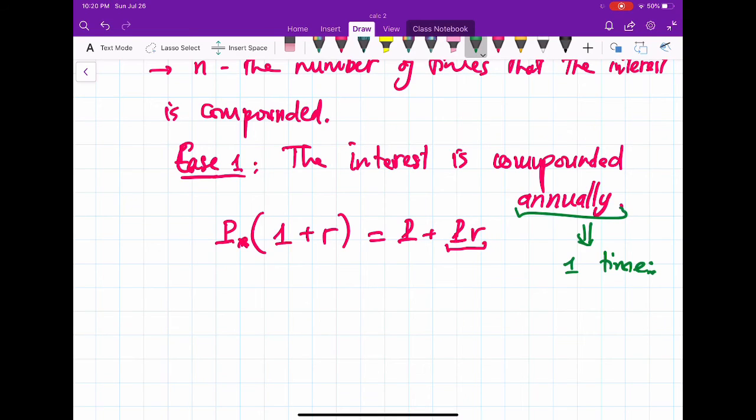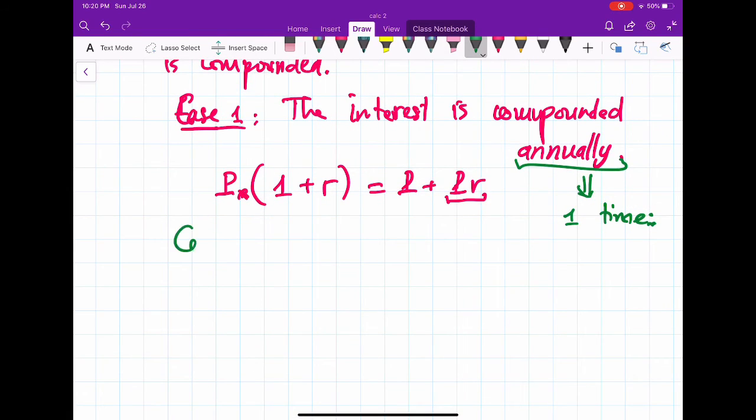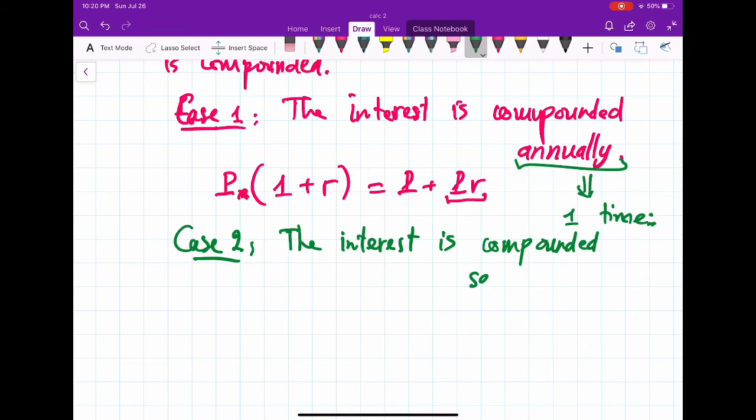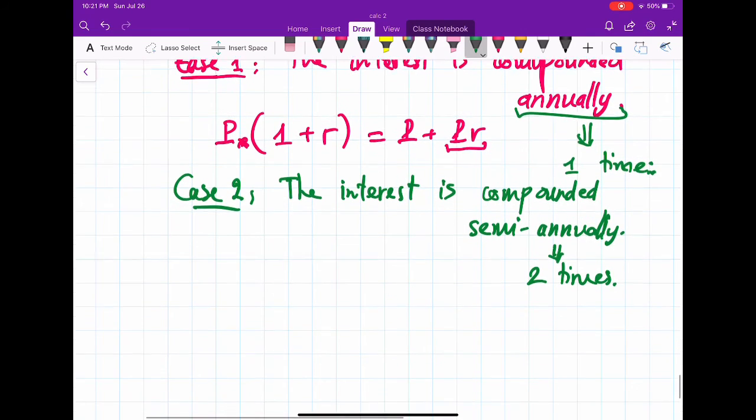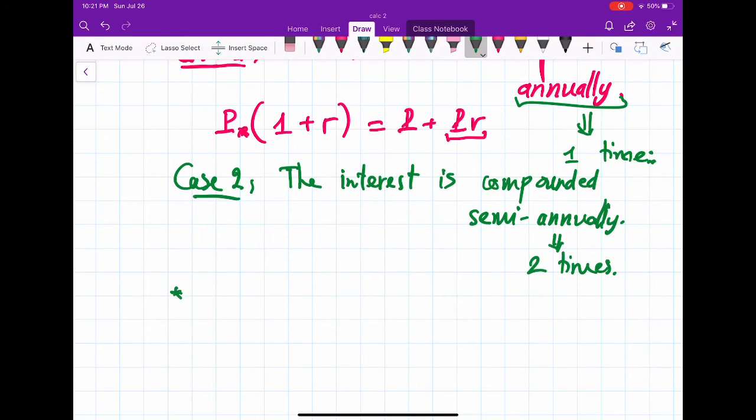All right, so what happens if the interest is compounded semi-annually? Let's consider case 2. The interest is compounded semi-annually. That means 2 times, right? So in that situation, this is the beginning, P, and then after 6 months, the interest is compounded one time.